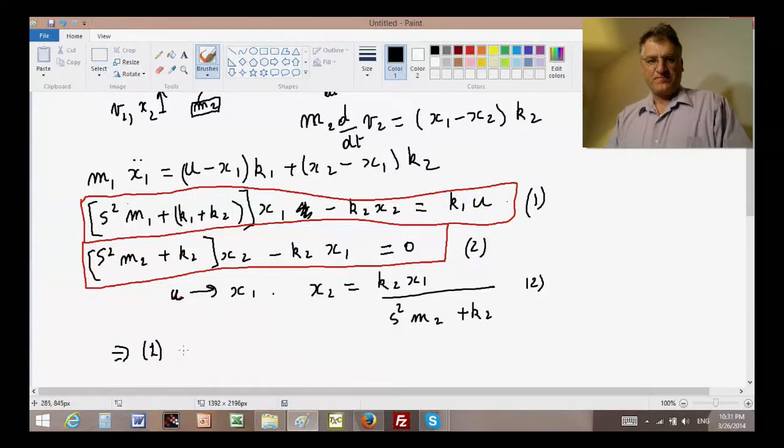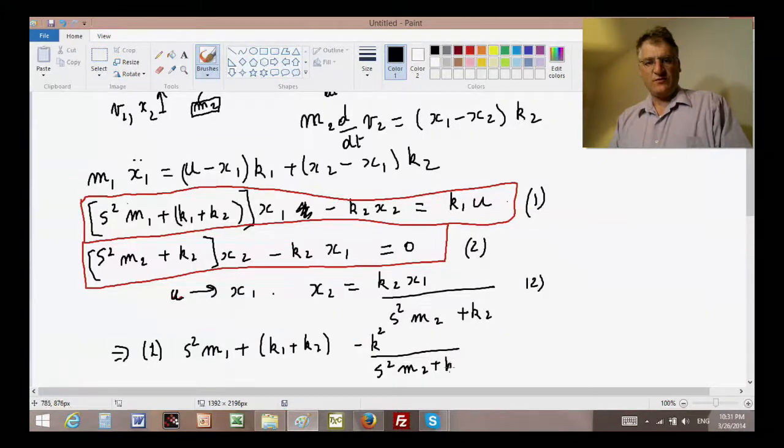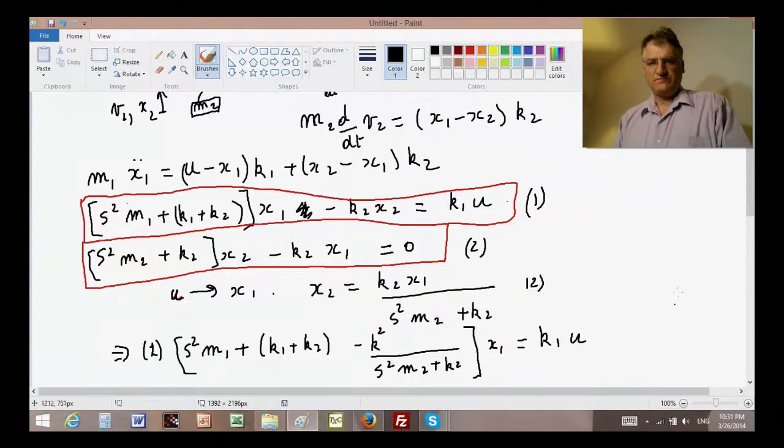We get that (s squared m1 plus k1 plus k2) times x1 minus k2 squared divided by (s squared m2 plus k2) times x1 is equal to k1 times u.